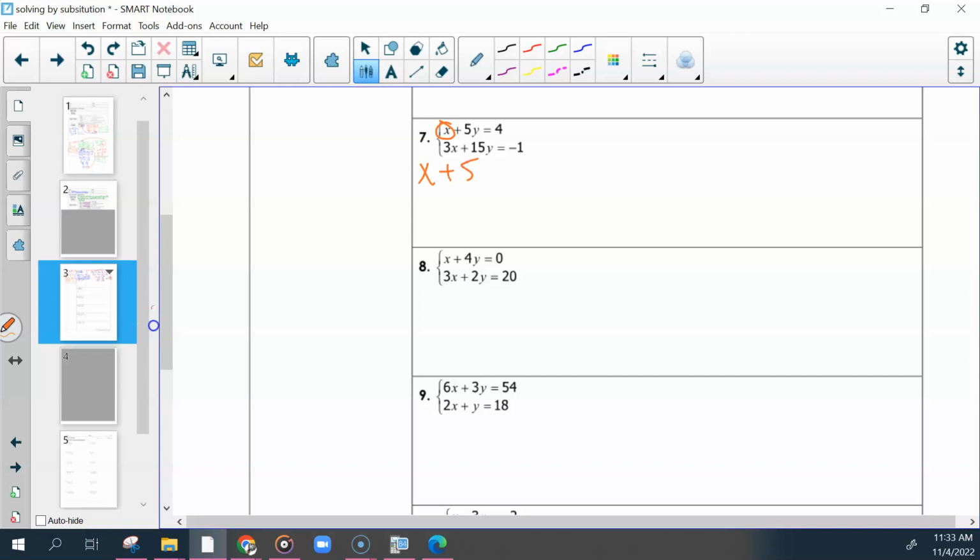I'm going to rewrite so I have space to work. And then to get x by itself, we would move this over by subtracting. If you want to switch them, that's fine too. I didn't in this one.